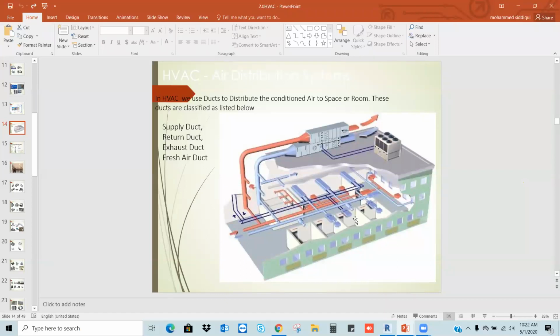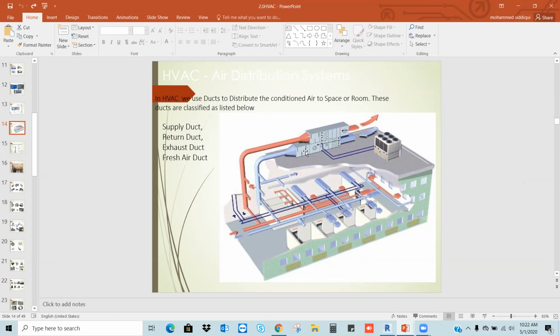If I release it to the atmosphere, my efforts may be wasted. So I want to reutilize this cool air to increase my efficiency. So what I do, the same quantity of air, I will take back to the AHU.